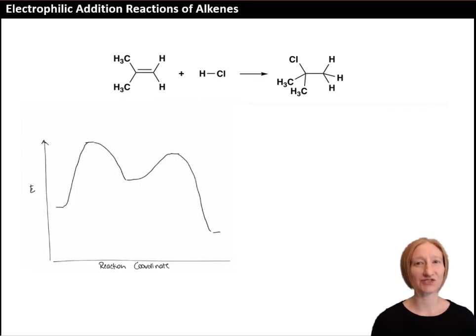And in these reactions, the first transition state is higher than the second, meaning that it takes more energy for the alkene to attack the acid than it does for the chloride to attack the carbocation. Each step has its own activation energy associated with it, and the overall activation energy for the whole reaction, in this case, is the energy difference between the starting materials and the first transition state.